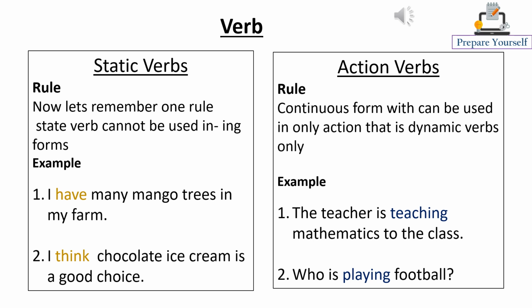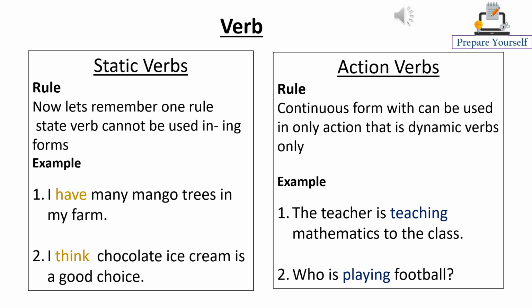Now, after knowing the definition of verb, we are aware that verbs are action words. But we even know that static words tell about the situation and dynamic words tell about the physical activity. Now let's move on to learn one more rule of the verb.